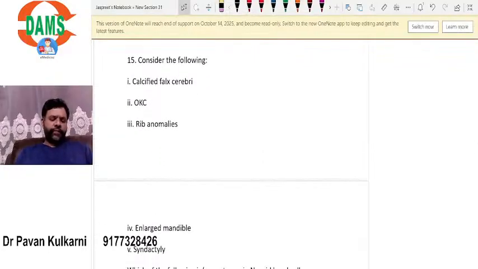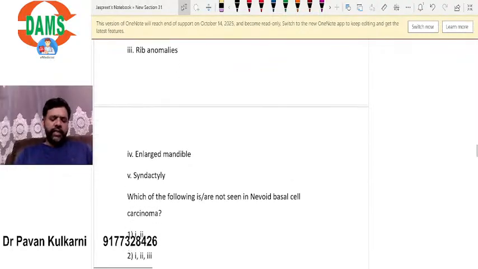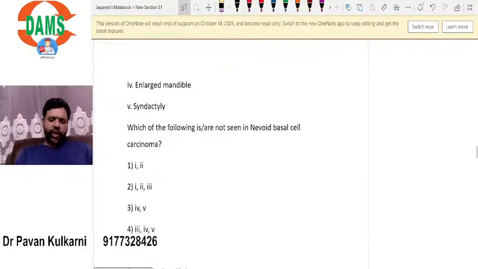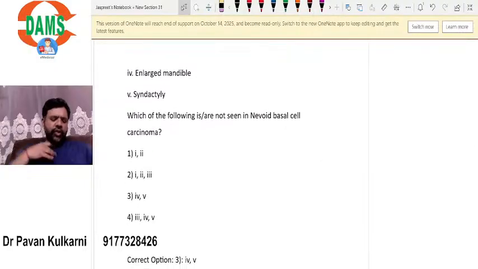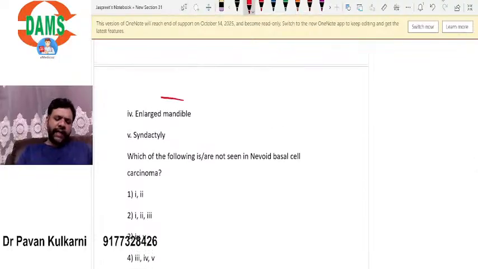Consider the following: falx calcified falx cerebri, OKC, rib anomalies, enlarged mandible, syndactyly. Which of the following features of the nevoid basal cell carcinoma syndrome are not seen? If you see, enlarged mandible and syndactyly are not seen.